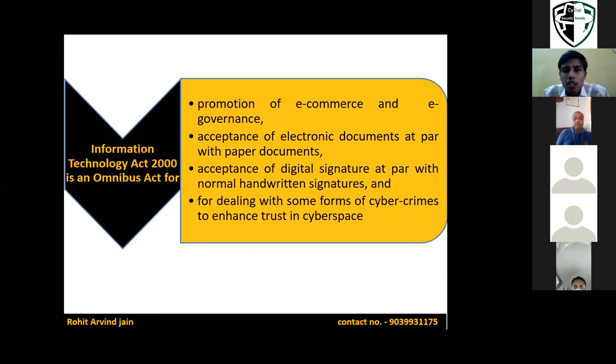What are the essentials of the Information Technology Act? As we all know, before the Information Technology Act 2000, we had no law regarding the internet, computers, or cybercrime in India.